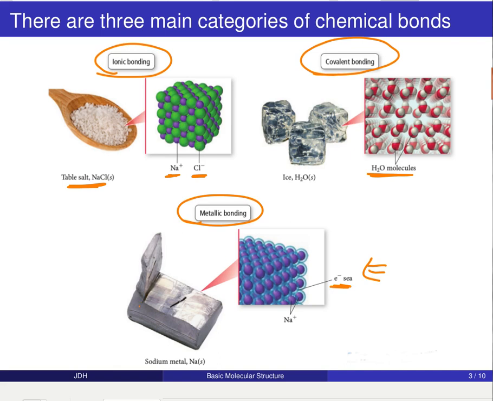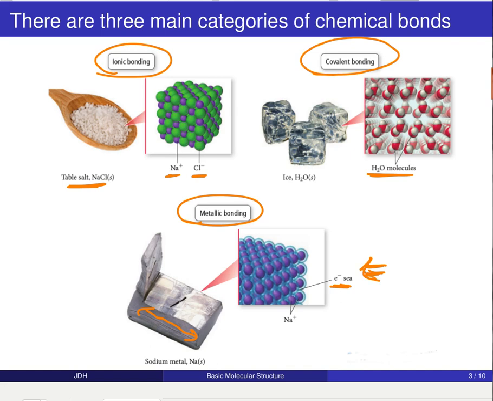They're allowed to move around the whole length of that metal, and this gives rise to some important properties that we associate with metal, namely their conductivity, the metallic luster, even malleability. So very interesting physics and chemistry going on there. But like I said, we're not going to talk about metallic bonding anymore at the introductory level.